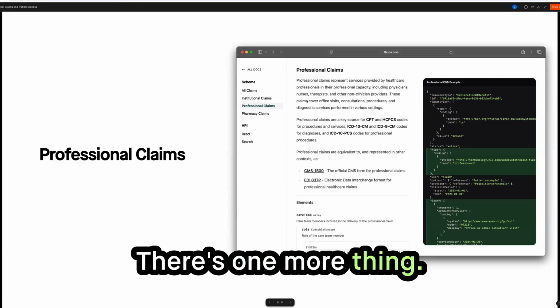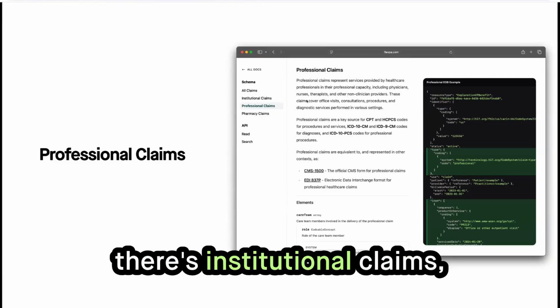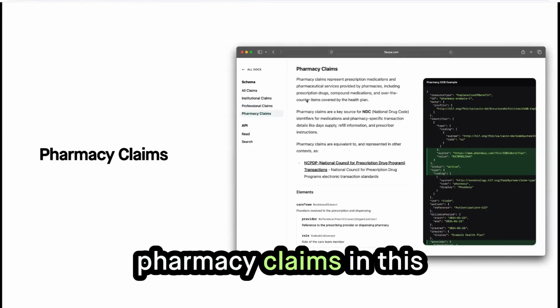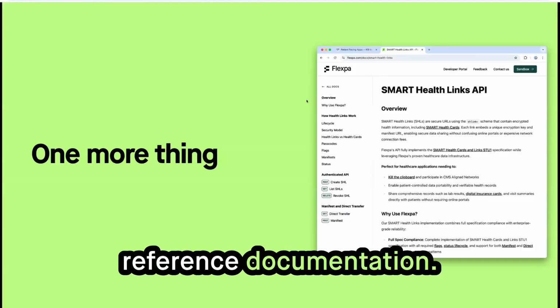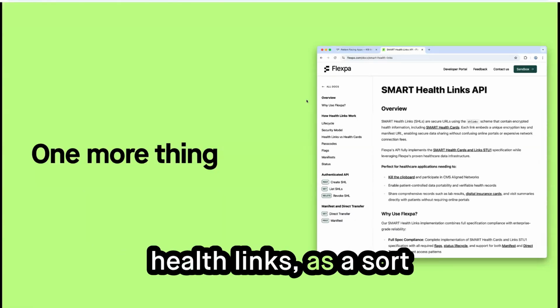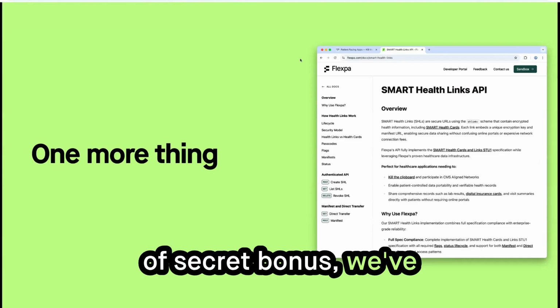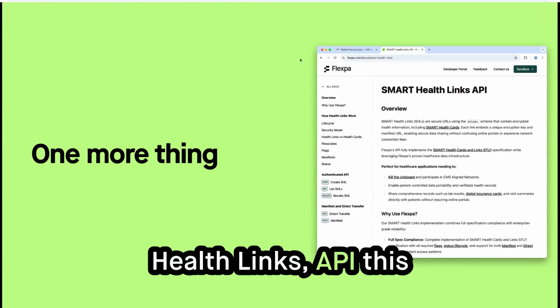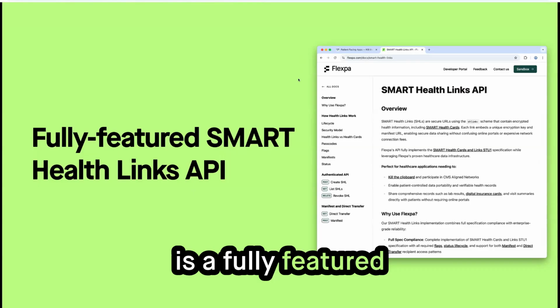There's one more thing, and just highlighting again, there's institutional claims, professional claims, and pharmacy claims in this reference documentation. There's one more thing though, which is SMART Health Links. As a sort of secret bonus, we've also launched a SMART Health Links API. This is a fully featured SMART Health Links API.